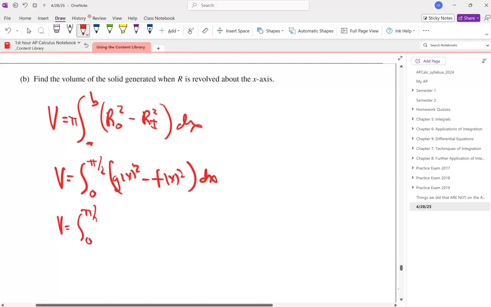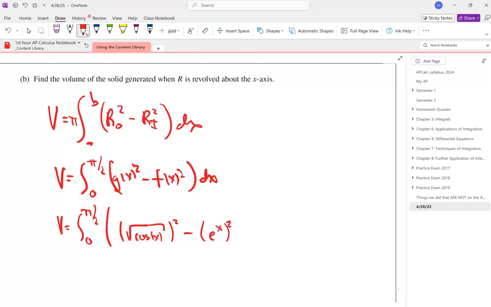So g of x was the square root of cosine x, squared, and f of x was e to the x, squared. And now I would, oh my goodness, I have those in the wrong spot. Sorry, g was e to the x.